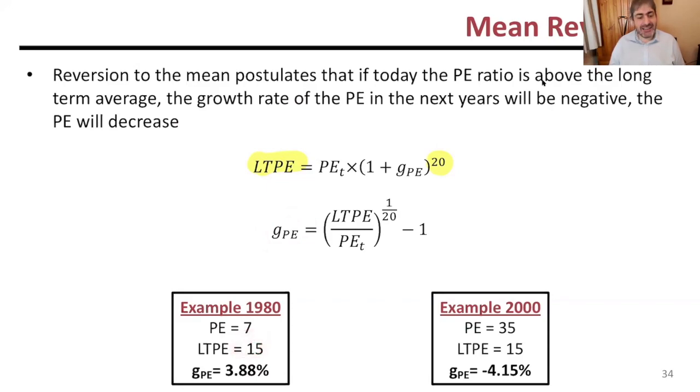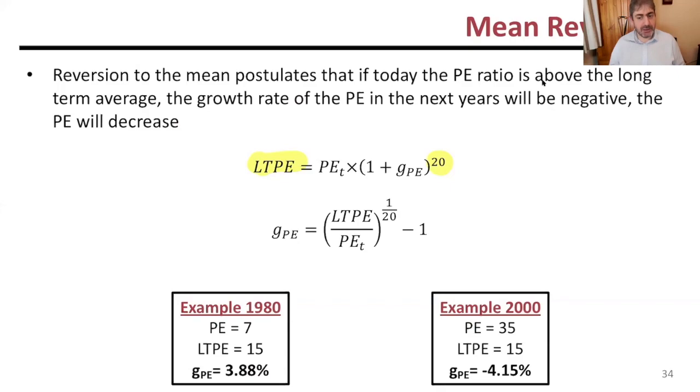These are roughly the numbers of 1980, where the market was very cheap. Price earning in 1980 was 7, the long-term price earning was 15. If you do the calculation, the growth rate of price earning will become 3.88%. So the price earning has to grow 3.88% per year to go in 20 years from 7 to 15.